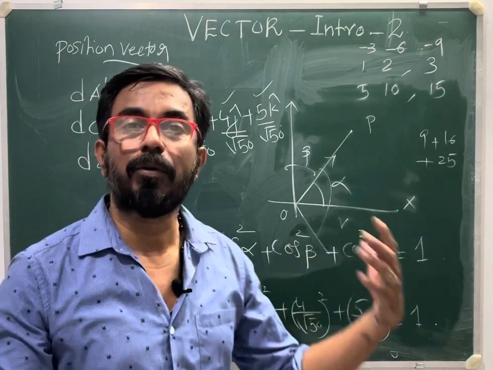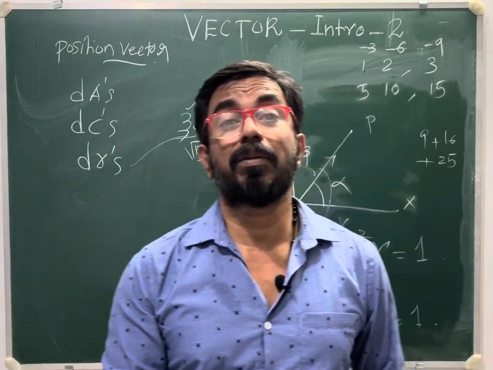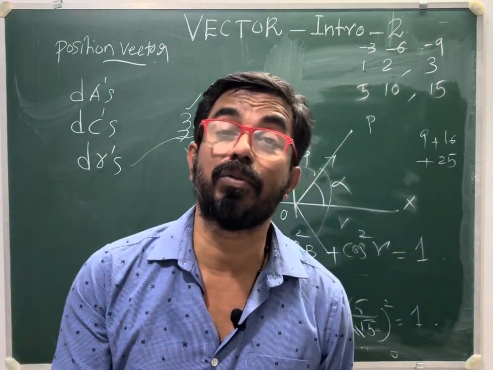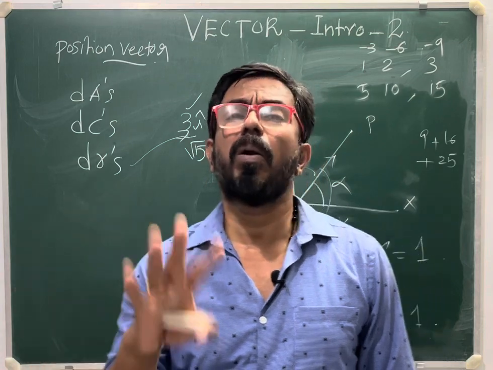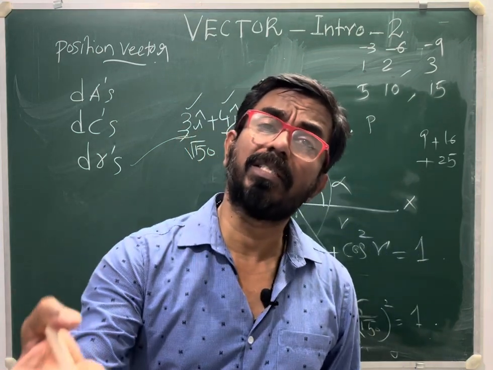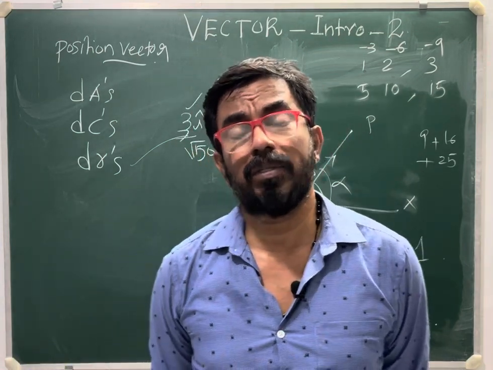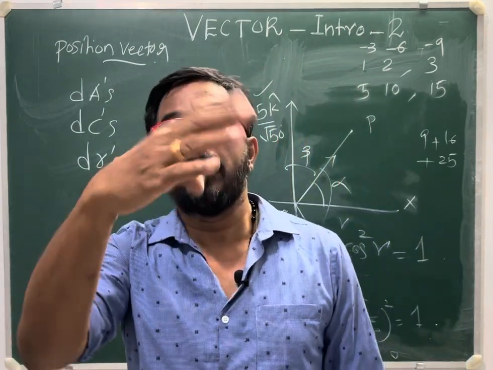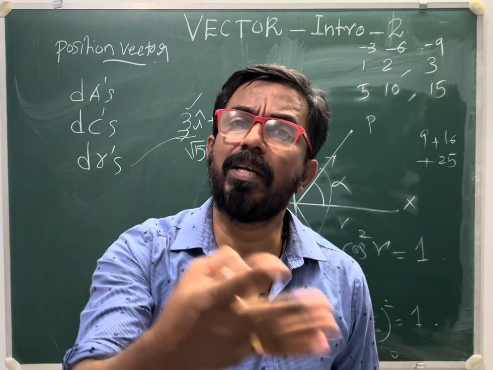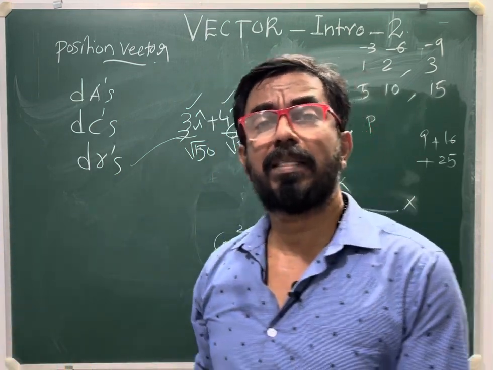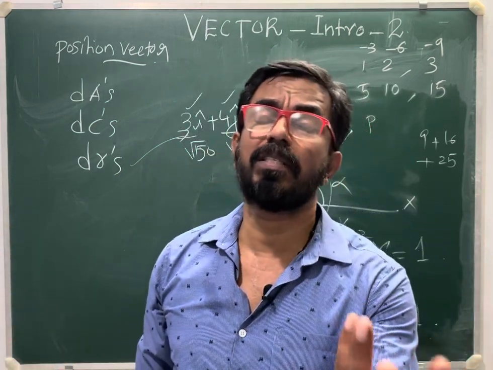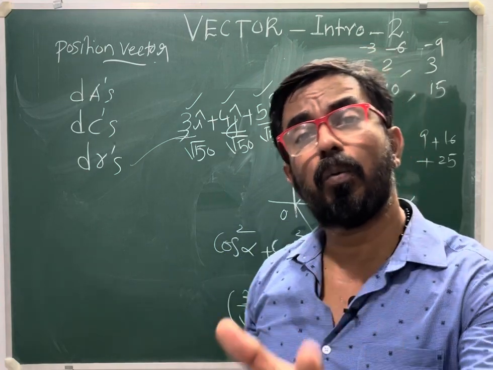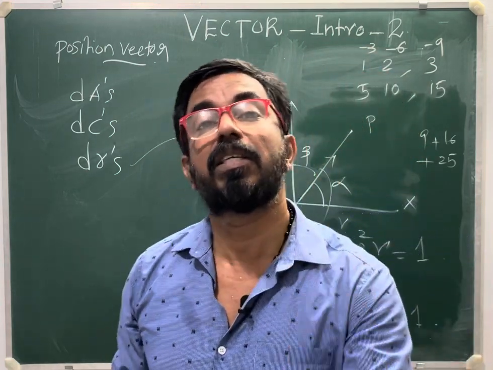So we'll say the direction cosines, or direction ratios, of i are 1, 0, 0. Both ways I can say it. All direction cosines can be called direction ratios also. It is a more generalized form; the other way is not possible. For j cap the direction cosines are 0, 1, 0, and for k, 0, 0, 1.